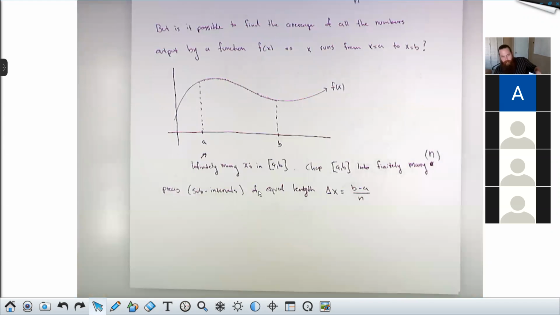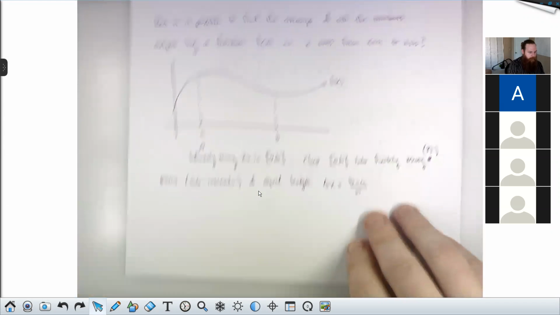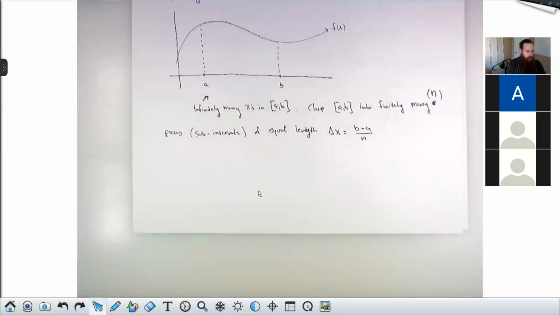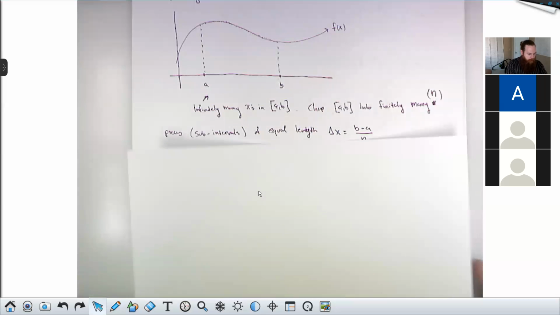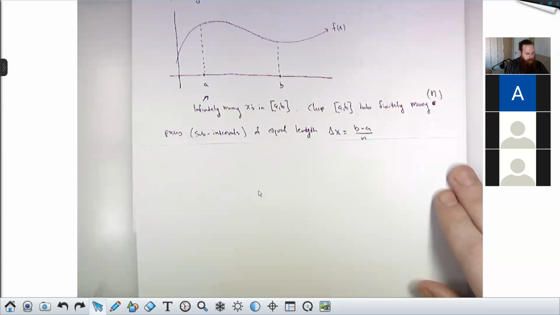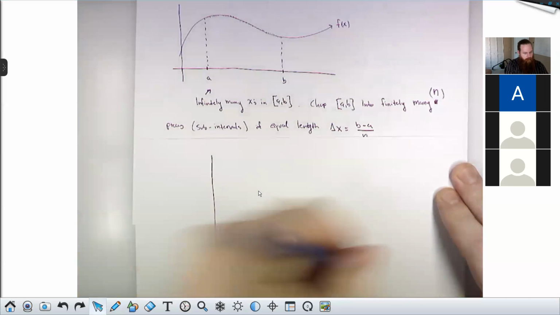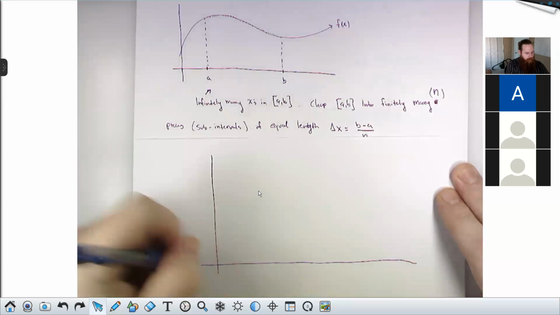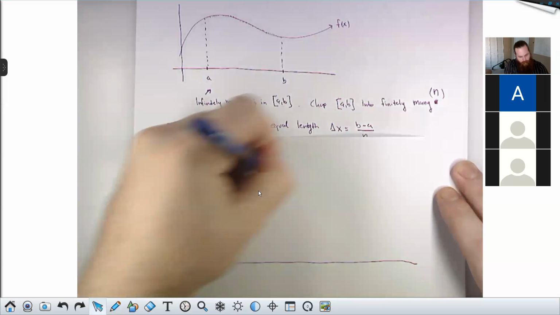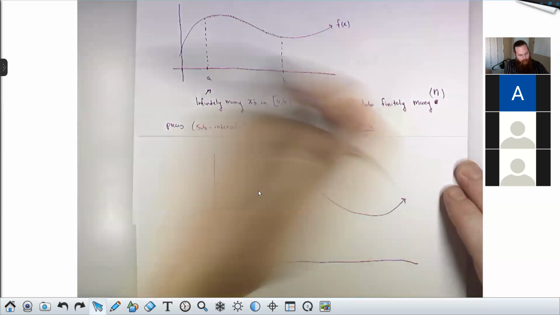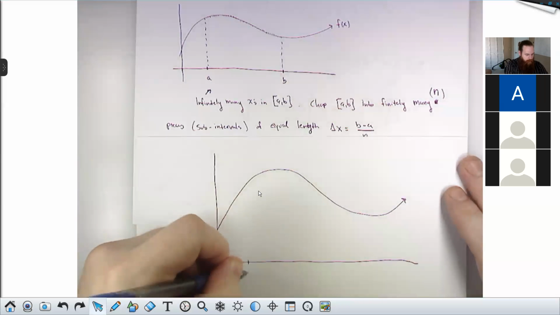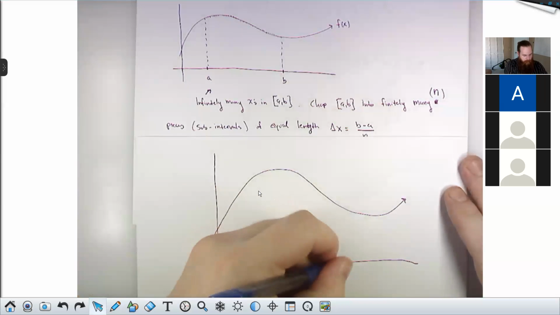We partition a b, and then we kind of take some samples. So I'm going to redraw this picture a little bit bigger. And here's a, and here's b.